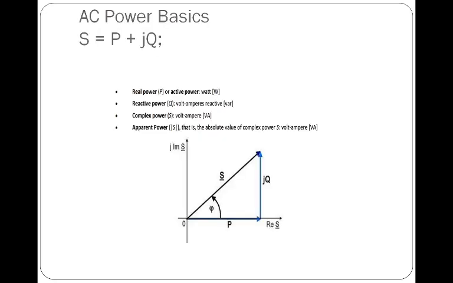Now, our real, reactive and apparent power, to understand it a bit, we know that in a simple alternating circuit consisting of source and linear load, both the current and voltage are sinusoidal, that is, they are in pure sine waveform. If the load is purely resistive, the two quantities reverse their polarity at the same time.